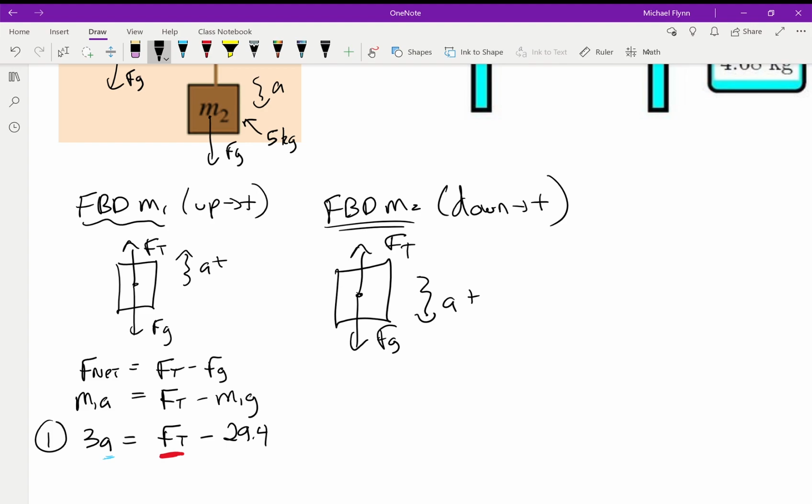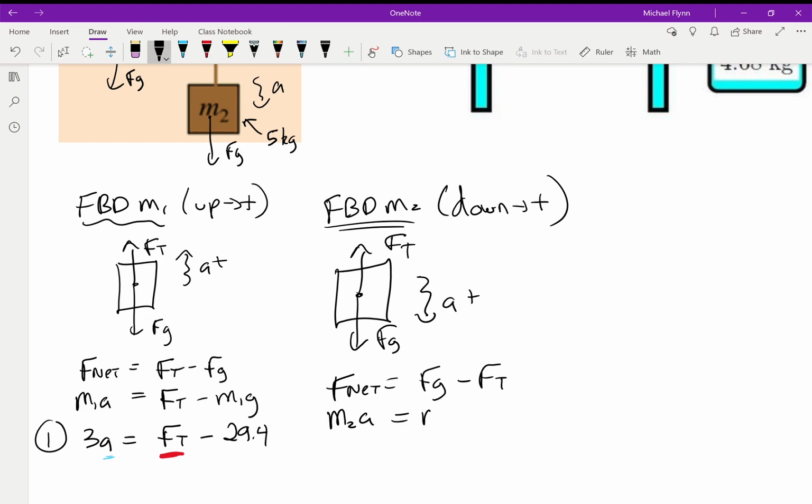Now I'm going to write an expression for the net force. The net force this time is going to be the force of gravity minus the force of tension. This time the tension is my negative force, right? The tension is going up, gravity is going down, but I treat down as positive. Now I'm just going to make my substitution. Net force is m2a. This is mass 2 we're talking about, right?